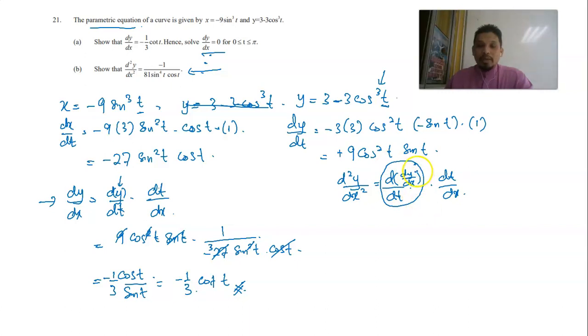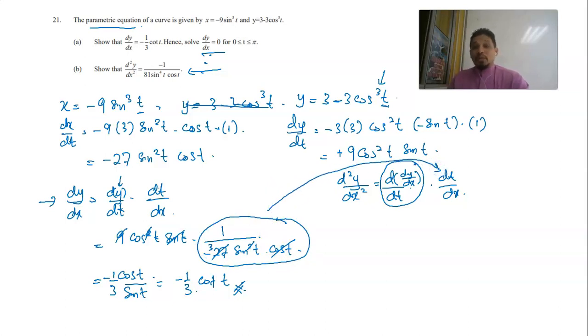For dt/dx, we can simply use the dx/dt that we found earlier. We recall dt/dx is 1 over negative 27 sine squared t cos t. We substitute this again here, meaning we don't need to generate dx/dt for the second time. But for this one here, we need to generate it.